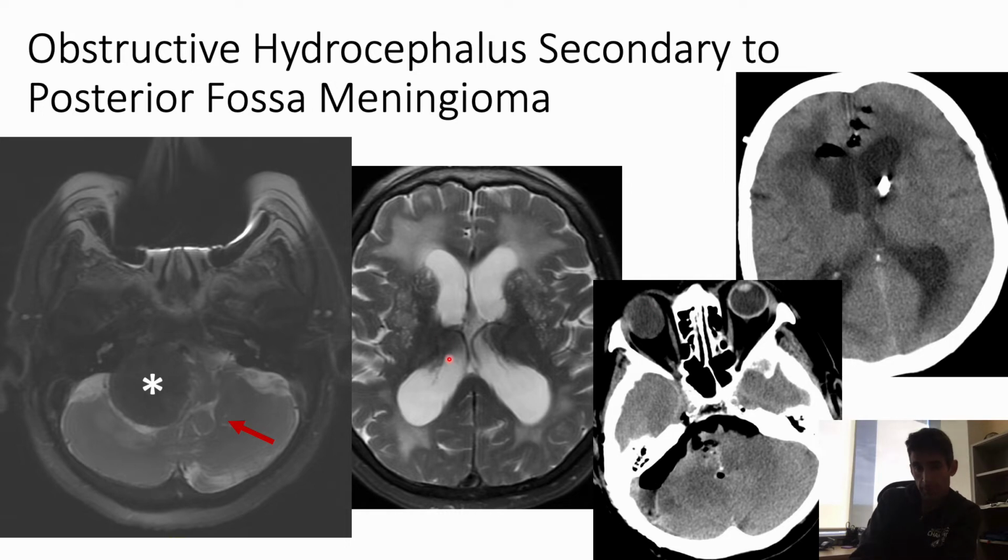This is a patient I operated on probably about 5 months ago at this point. This asterisk is over a big meningioma in the posterior fossa, pressing on the brainstem and pinching off the fourth ventricle. And above that, in the lateral ventricles, you see the buildup of spinal fluid, very, very enlarged ventricles. And you actually see swelling in the brain that's called transependymal flow. The spinal fluid has nowhere to go, so it goes through the ventricle into the brain and causes a problem.